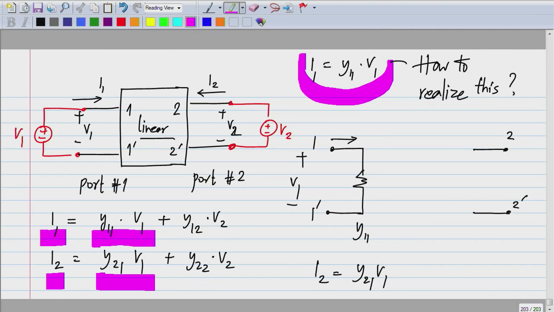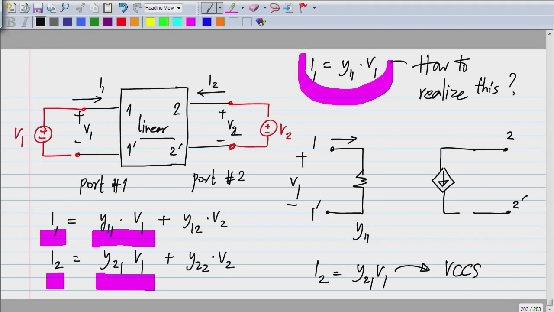Okay, I think one of you has answered this. If you have a current somewhere dependent on voltage elsewhere, clearly it's a voltage controlled current source. It says that the current going into port 2 in this direction, this is I2. Always keep in mind that I1 and I2 are currents flowing into the ports.